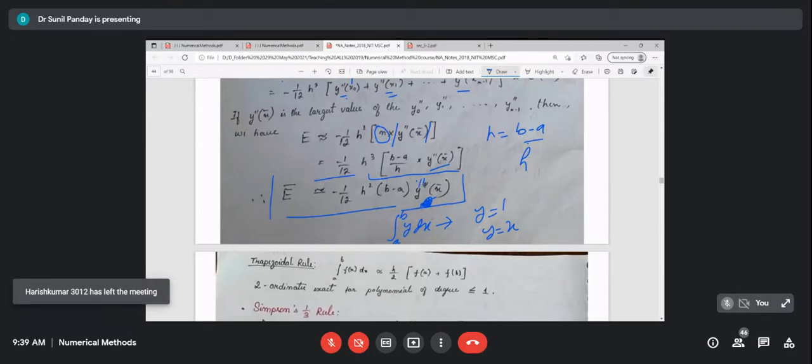If y is constant and you differentiate it two times, obviously you get zero, and in this case also y double dash is zero. So if y double dash is zero, the error is automatically zero.